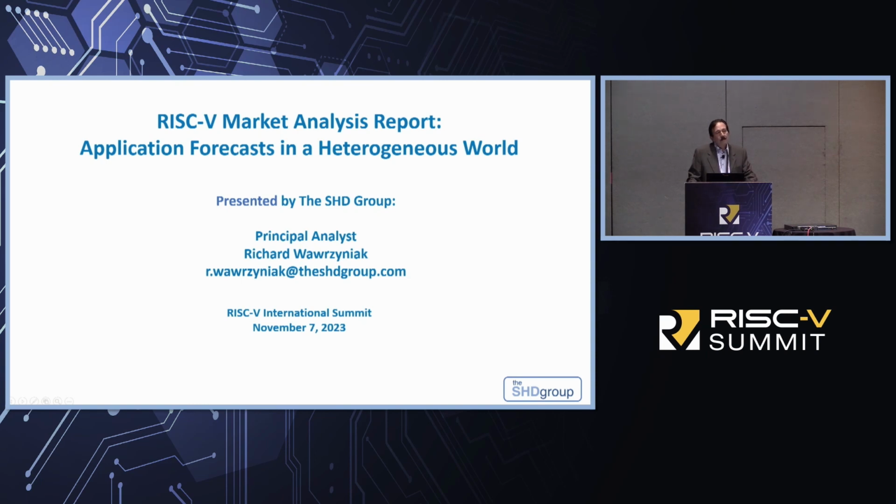So up to this point, people have been trying to figure out, okay, how big is the ARM bucket? How big is the x86 bucket? How big is this bucket? How big is that bucket? And that's fine, but that really doesn't work very well in a heterogeneous world. So what we've done, and I'll show you a slide in a couple minutes, we've segmented some of the data in this report by 4 functional categories of things that we think CPU cores, not just RISC-V cores, but CPU cores in general, are going to be tasked to perform in SoCs going forward.